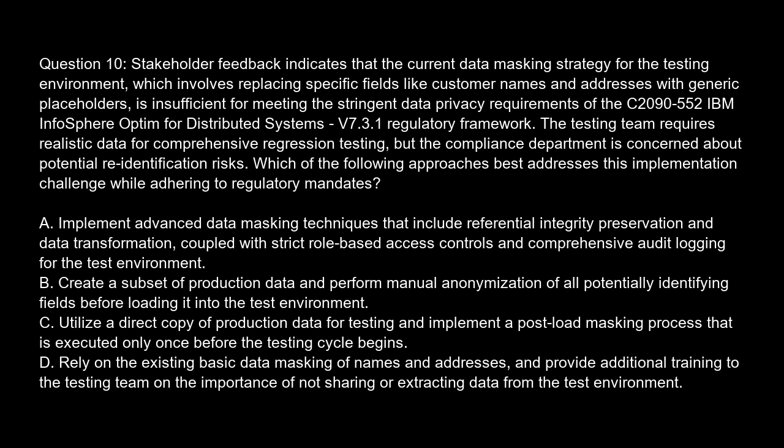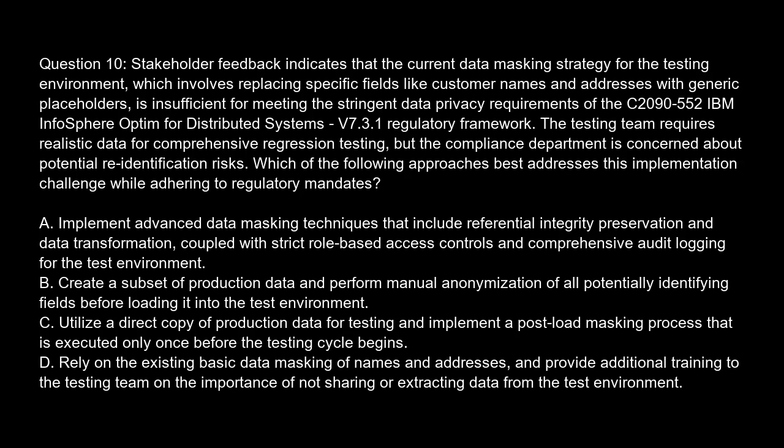Option A. Implement advanced data masking techniques that include referential integrity preservation and data transformation, coupled with strict role-based access controls and comprehensive audit logging for the test environment. Option B. Create a subset of production data and perform manual anonymization of all potentially identifying fields before loading it into the test environment.